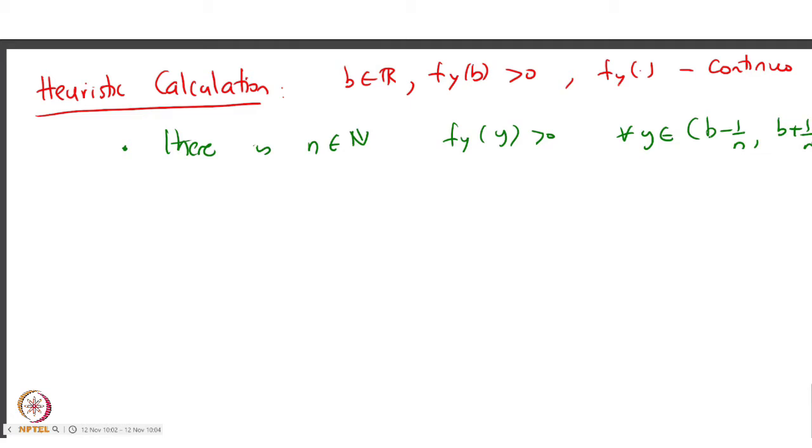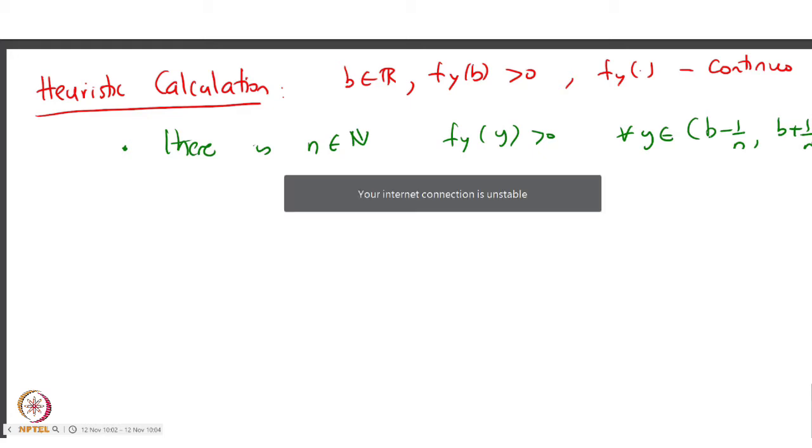That is, if F sub Y of b is positive and F sub Y is continuous, then I can find a small region around b where this will be positive.